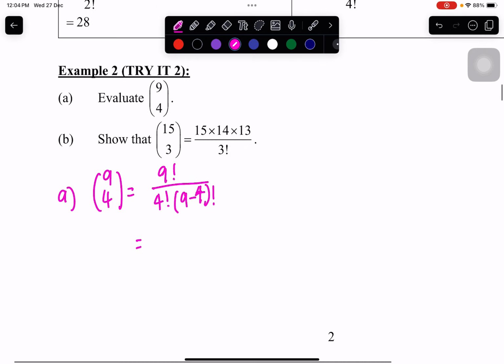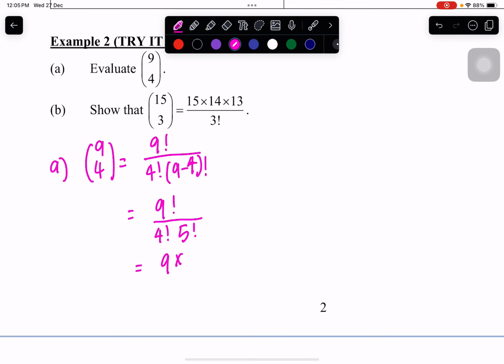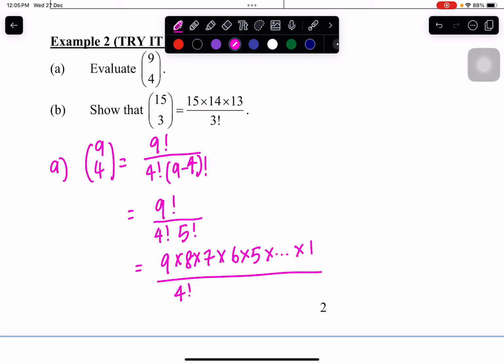So this will be 9 factorial over 4 factorial times 5 factorial. 9 factorial is 9 times 8 times 7 times 6 times 5 all the way until 1, and notice that 5 factorial is 5 times 4 times 3 all the way until 1. These two terms are exactly identical, so I can cancel them out. My numerator would be left with 9 times 8 times 7 times 6 over 4 factorial.